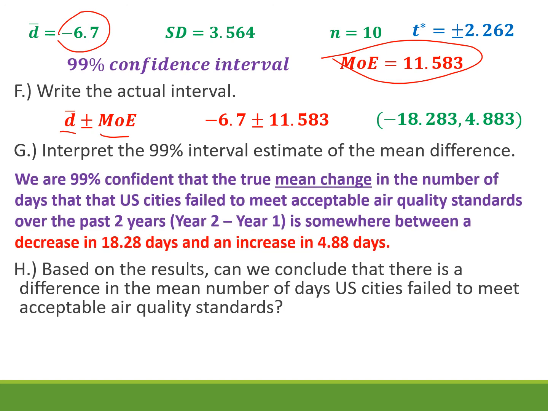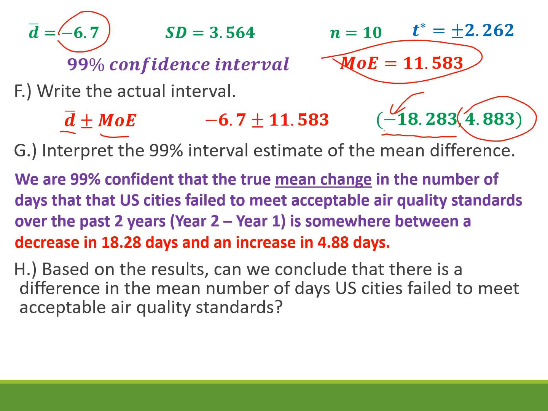We are 99% confident that the true mean change in the number of days that the U.S. cities failed to meet acceptable air quality standards over the past 2 years is somewhere between a decrease in negative 18.3 days and an increase in 4.88 days. Negative means that it's gone down, positive means it's gone up. We're not sure. We think the actual true change is somewhere in that range.